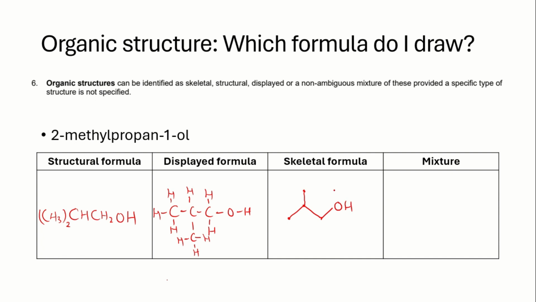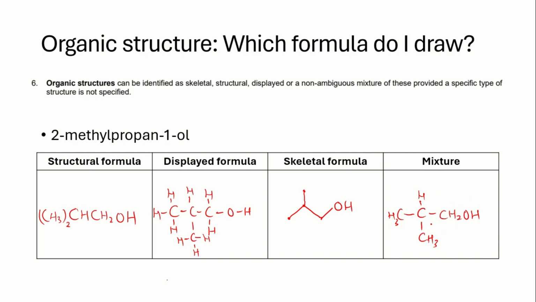We do not show the carbon and hydrogen in the hydrocarbon. Only when it appears in another functional group, we need to show it. Now, mixture means I can mix different types of formula in one structure. For example, now you see, I didn't show all the bonds in this formula, but it is not exactly structural formula.